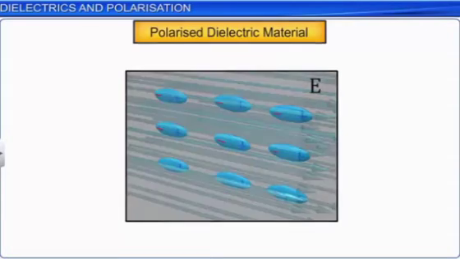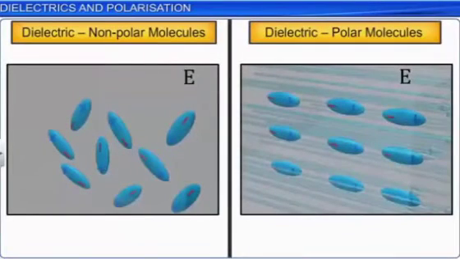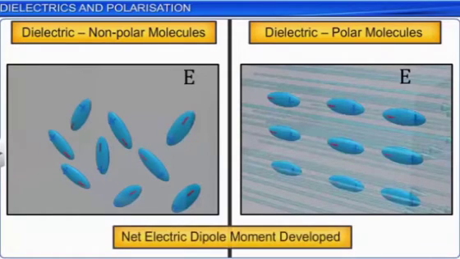Thus, we observe that the dielectric material is polarized irrespective of whether it is made of polar or non-polar molecules, and they develop a net electric dipole moment in the presence of an external electric field.